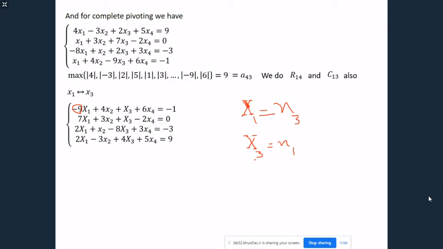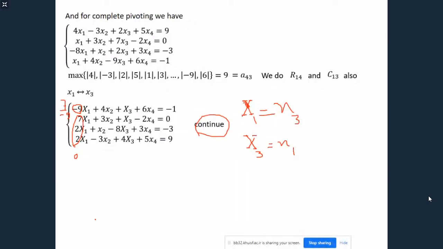So we can continue. Its pivot minus 9 will be in the down, 7 in the up, 2 in the up, 2 in the up, and change these coefficients to 0. I want you to continue that.